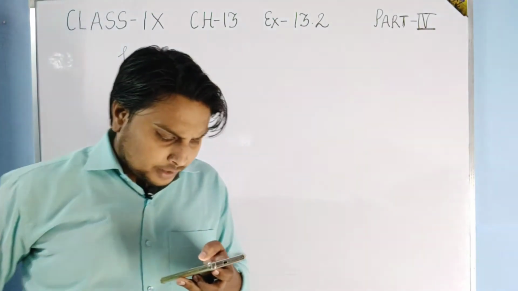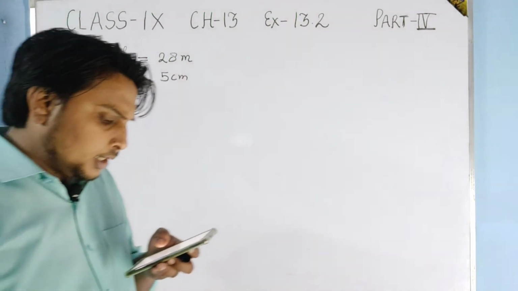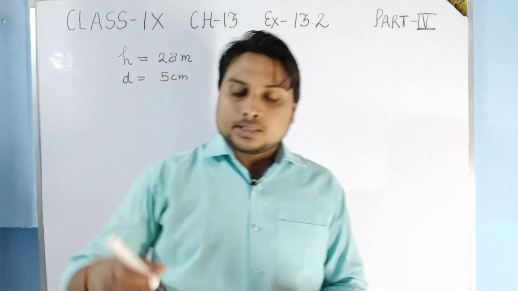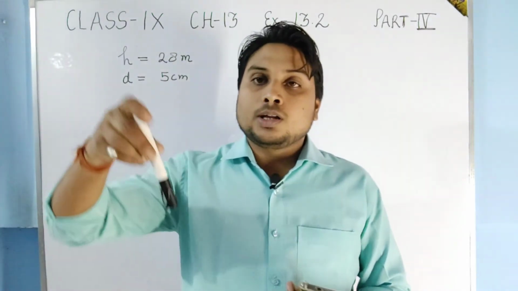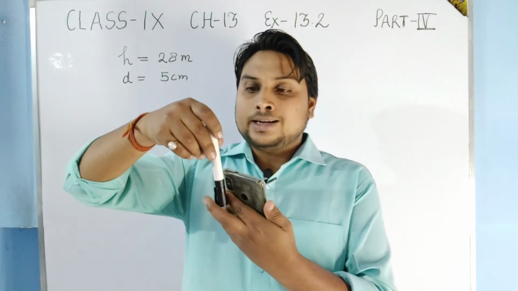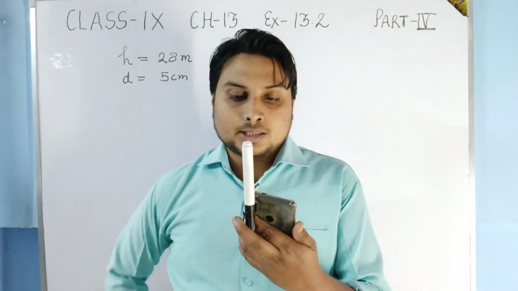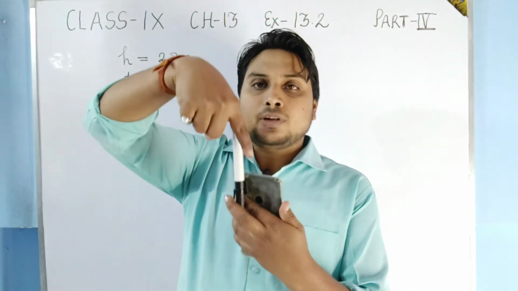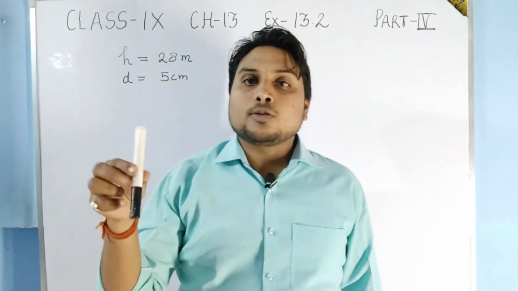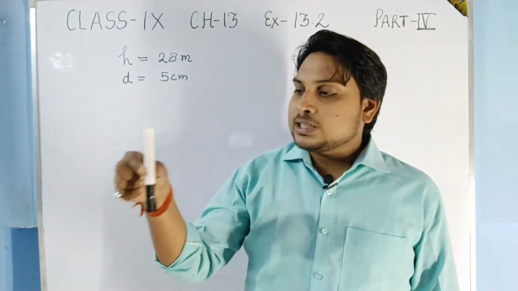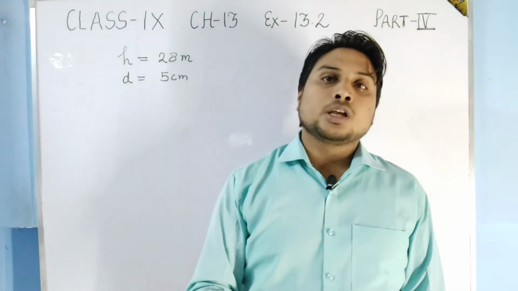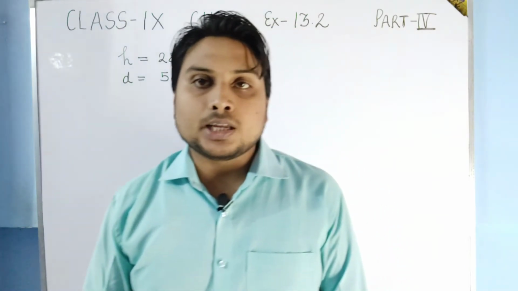Here you have to find the total radiating surface in the system. If it is a circular pipe and I say find its radiating surface, only the circular part will be radiating. So in that case you will find the curved surface area.